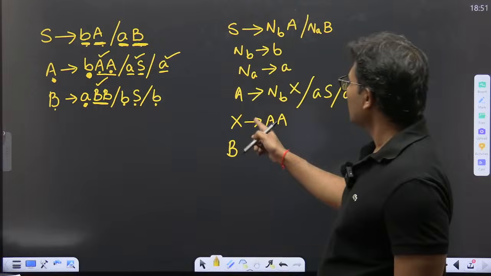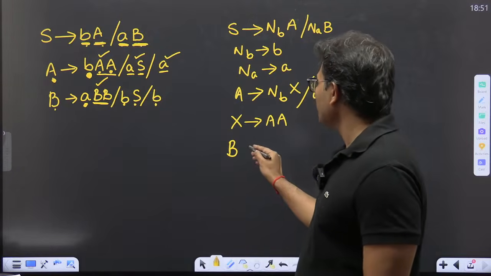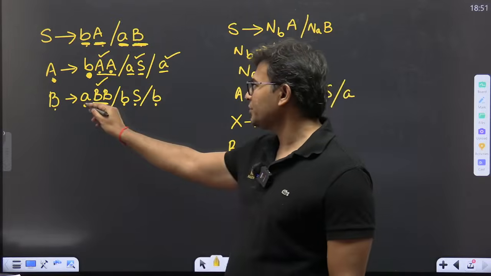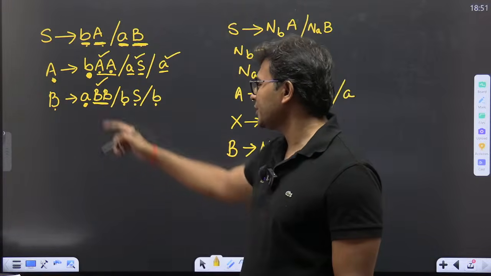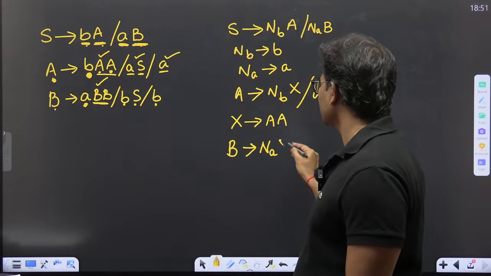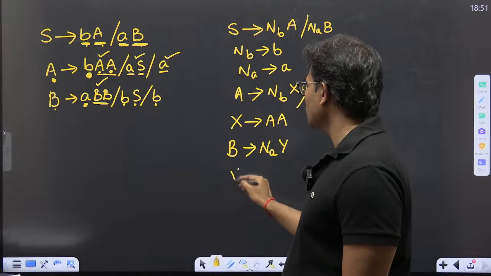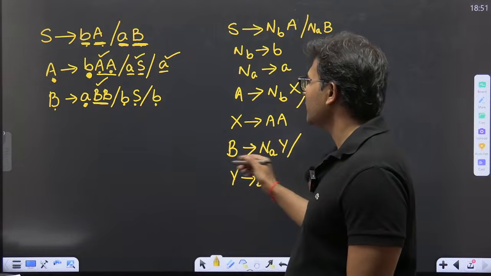So now A is completed. Now B. So B derives, in place of A, I can write NA. And in place of BB, I can write a Y. So Y is nothing but BB.